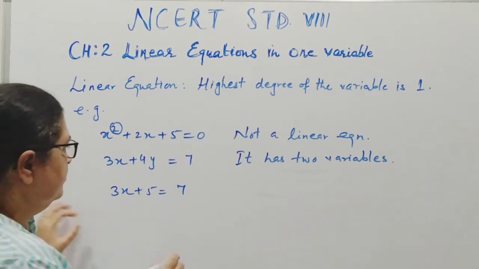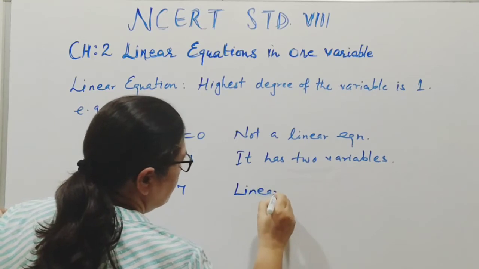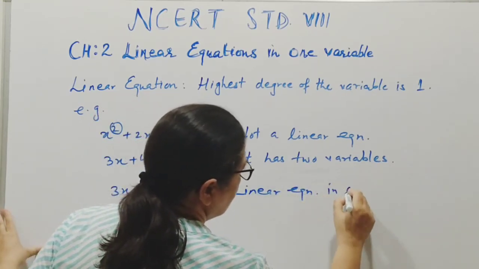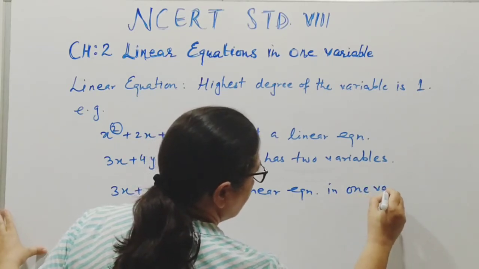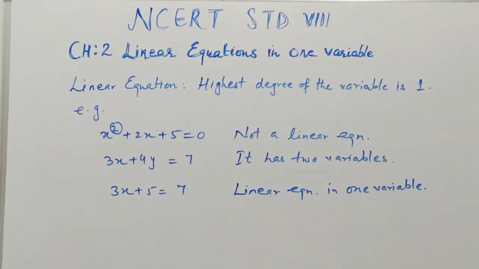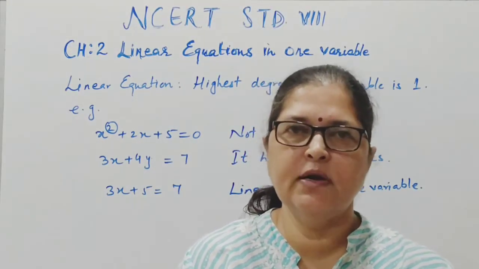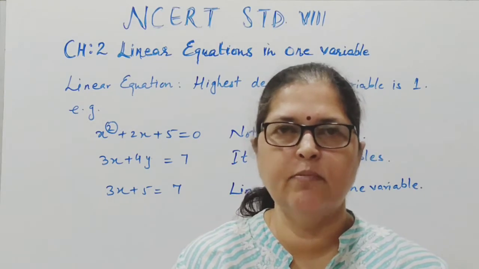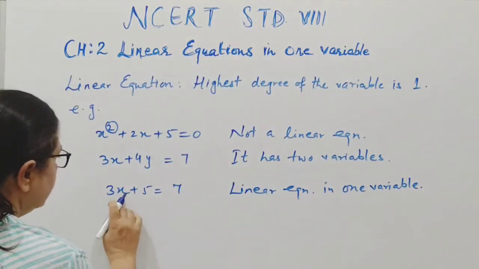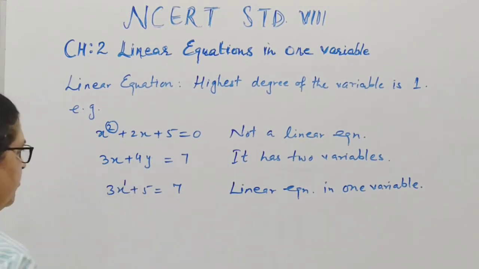It has one variable. Here one thing very important to note down: if the degree on a variable is not mentioned, then it is by default 1. So here the degree on the variable is not mentioned, so it is 1 only.